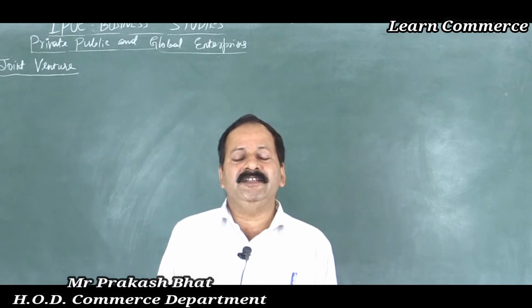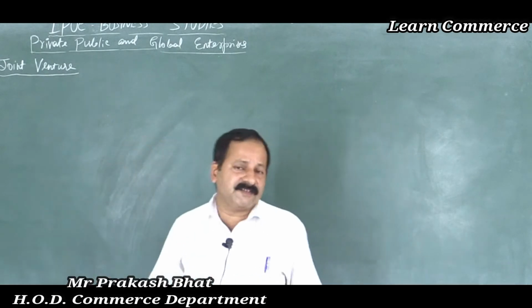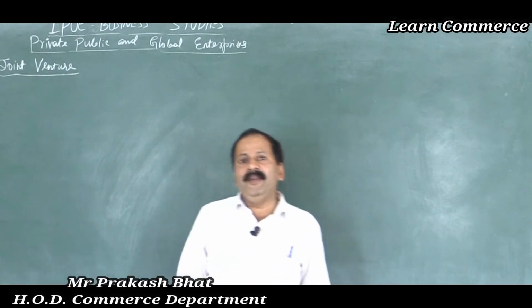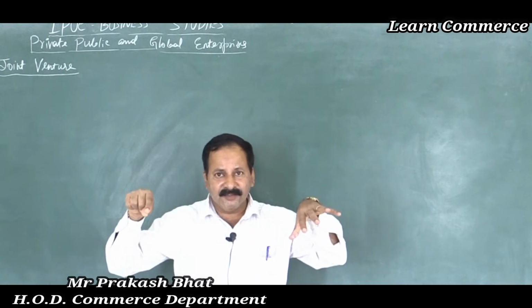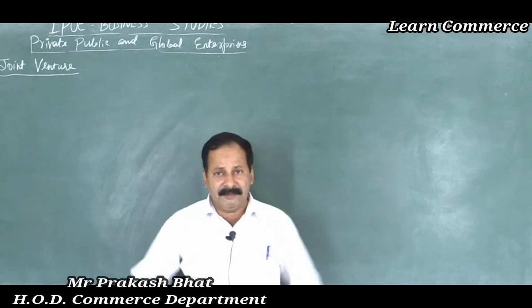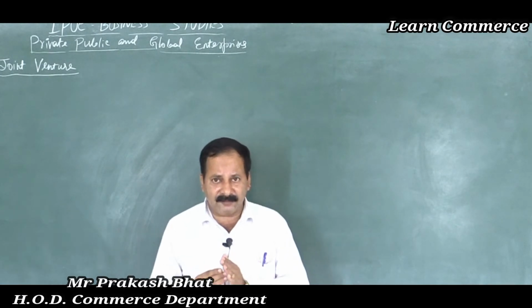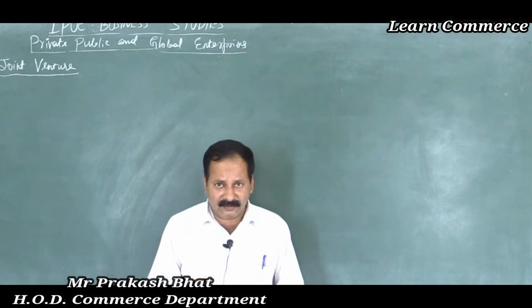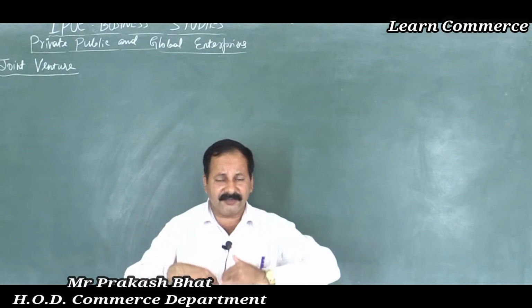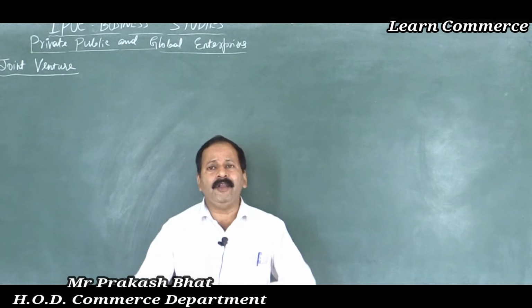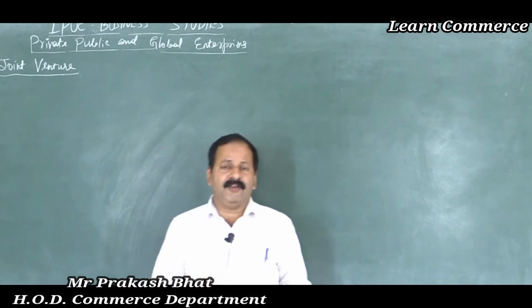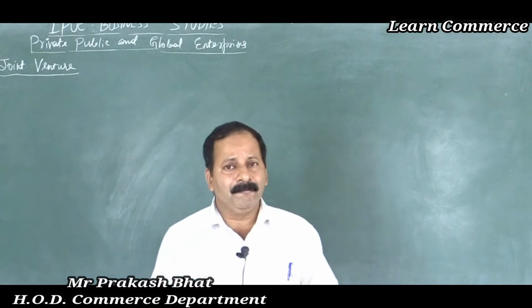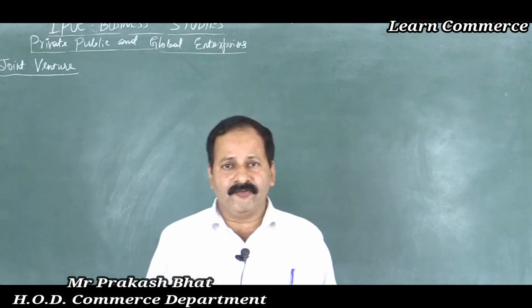In the same way, in case of business, we will join 2 independent entities or 2 independent business firms. They join together, they contribute their capital, they contribute the human resources, they contribute technology and all other facilities, and the profits or the benefits will be shared by both in the agreed proportion.